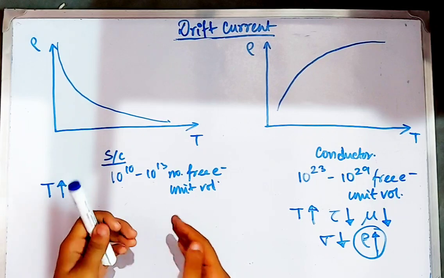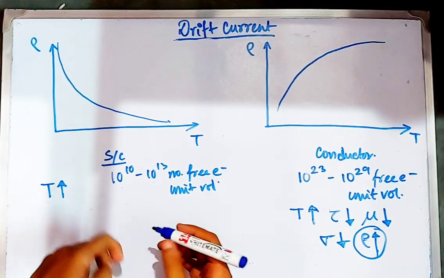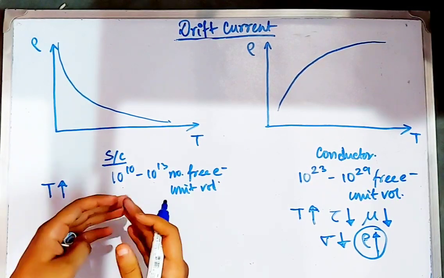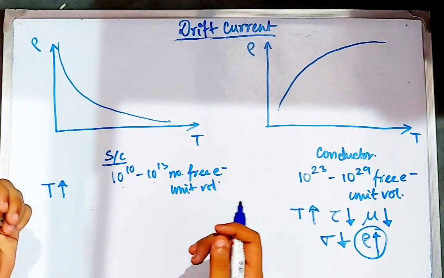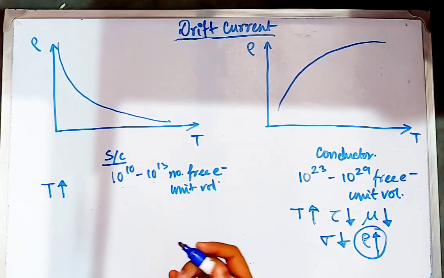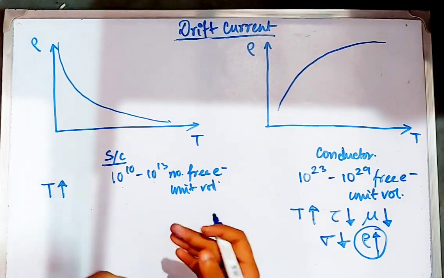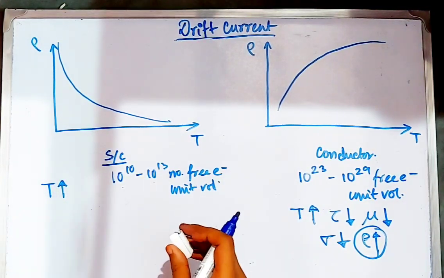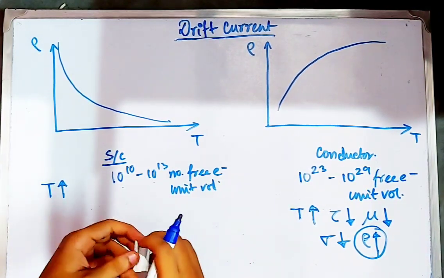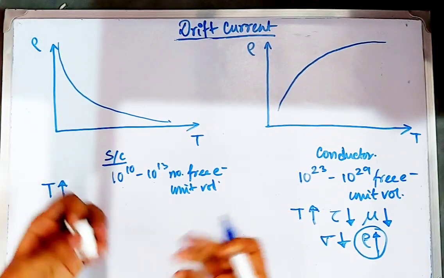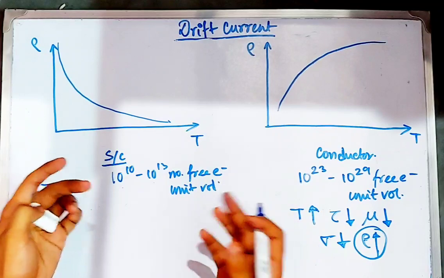So what is the effect of temperature within the semiconductor? If we increase the temperature, the more number of covalent bonds will get broken down. That means more charge carriers will get generated, more electrons and holes will get generated within the semiconductor.